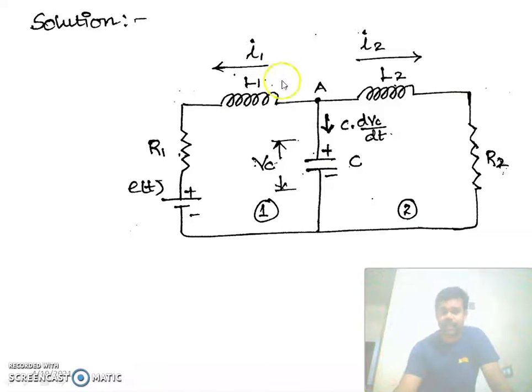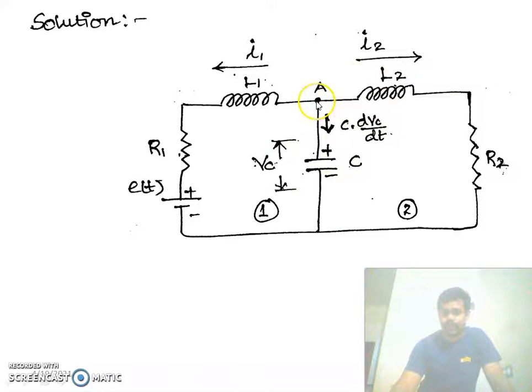The state variables are the current through the inductor L1, the current through the inductor L2, and the voltage across the capacitor C, that is Vc. These three are the state variables.